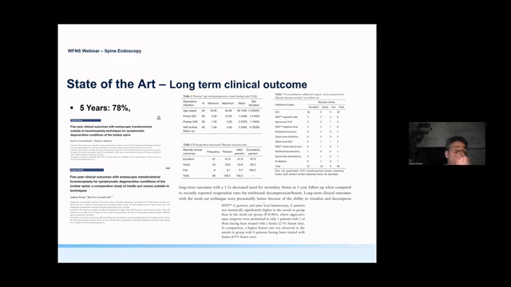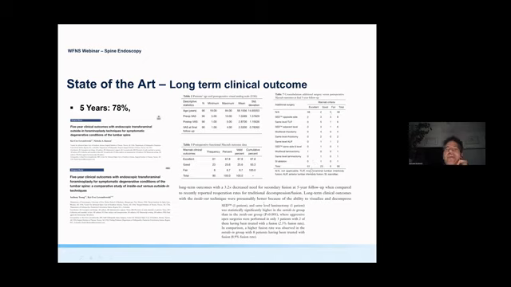The clinical outcome after 5 years drops down a bit from 80-something to 78% in the percutaneous endoscopic group. And here you can see that the results were still excellent. But again, a few of those patients who reported early a very good result maintained this very good result later on.